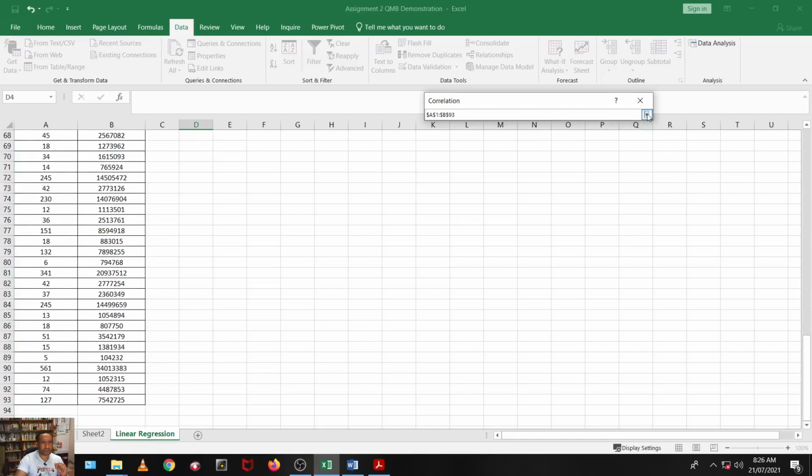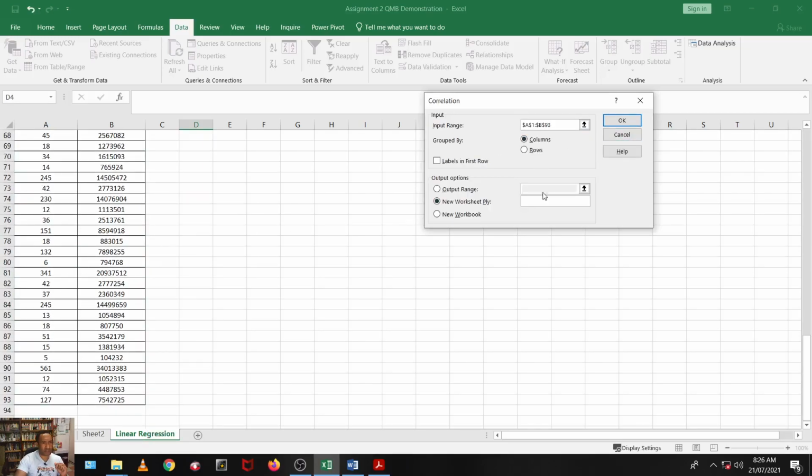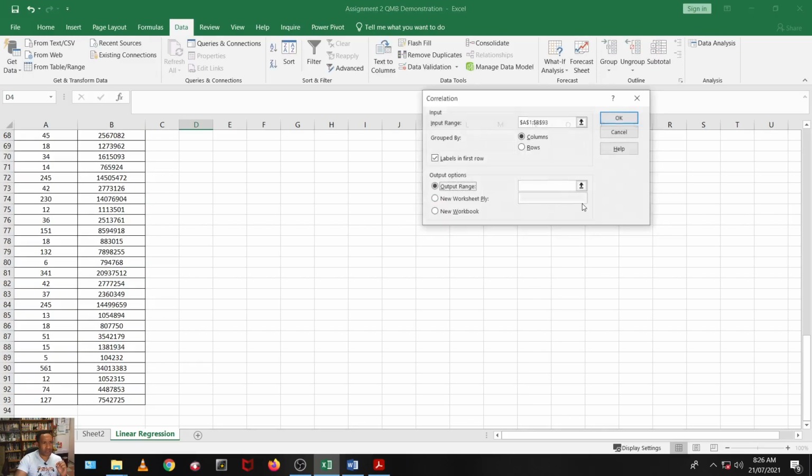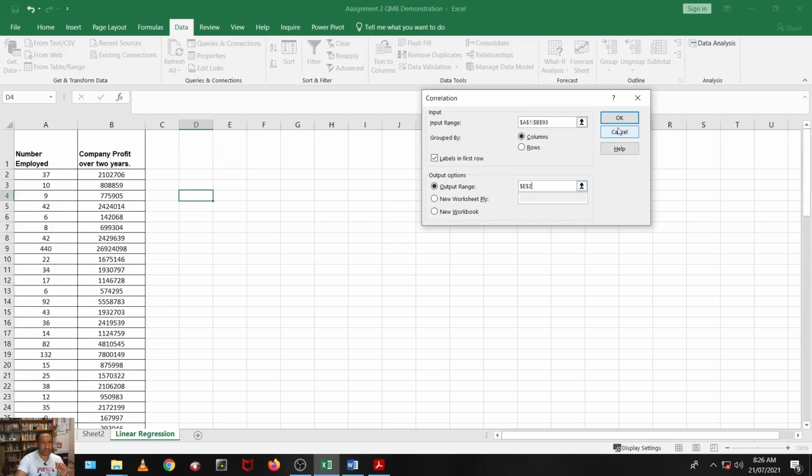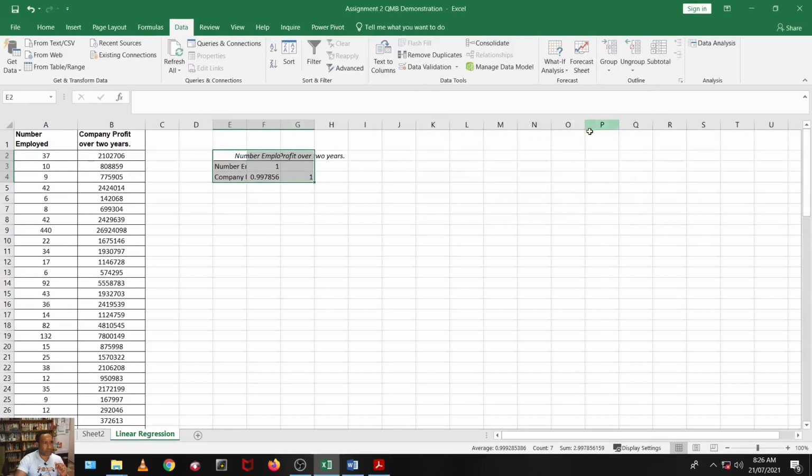Okay. There are 92 entries here, and we've grouped them by columns. Okay, the first row is the labels, and I'm going to put them in the same worksheet so it's easy for me to see them. And I'm going to click OK.